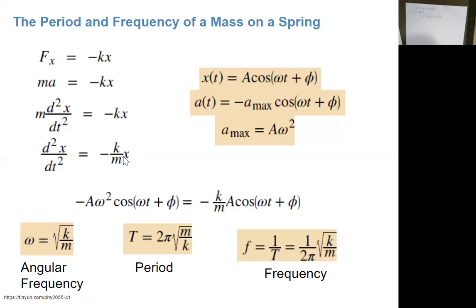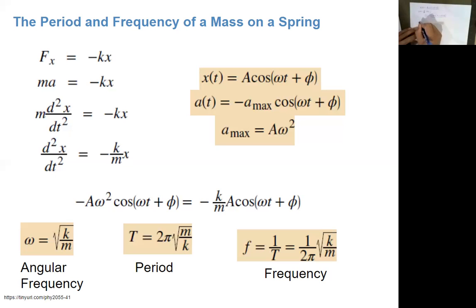On the right-hand side, you can also plug in the expression for x, which gives you minus k over m times A cosine. Let's write it over here.